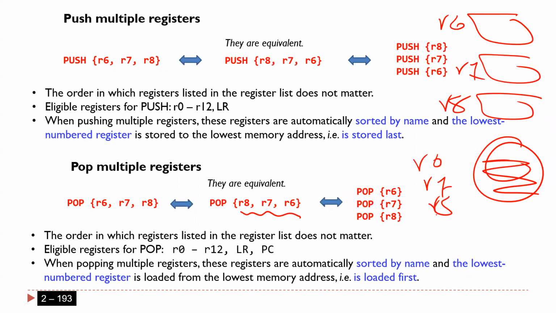I want to use these registers to do something. However, these initial values, I need them later. I don't want to lose them. I need them later. You understand what I'm saying? So now, registers R6, 7, 8, they are storing some values. And then I want to use them to do something. But these values, I don't want to lose them. I need them later. The stack can help you to do that.